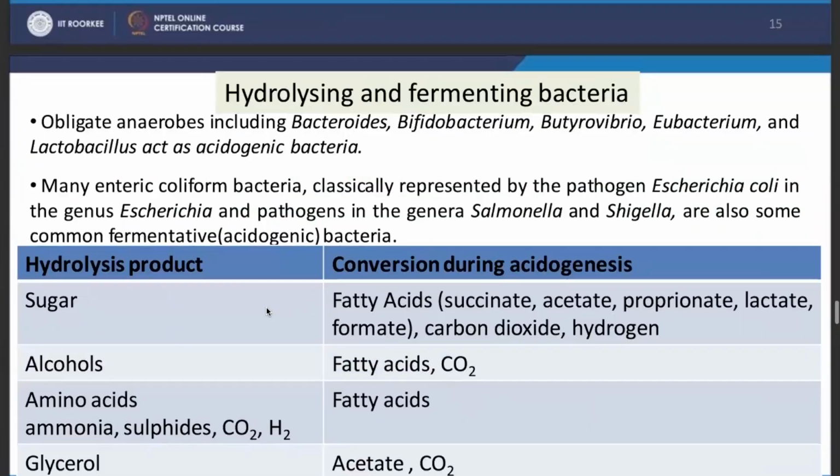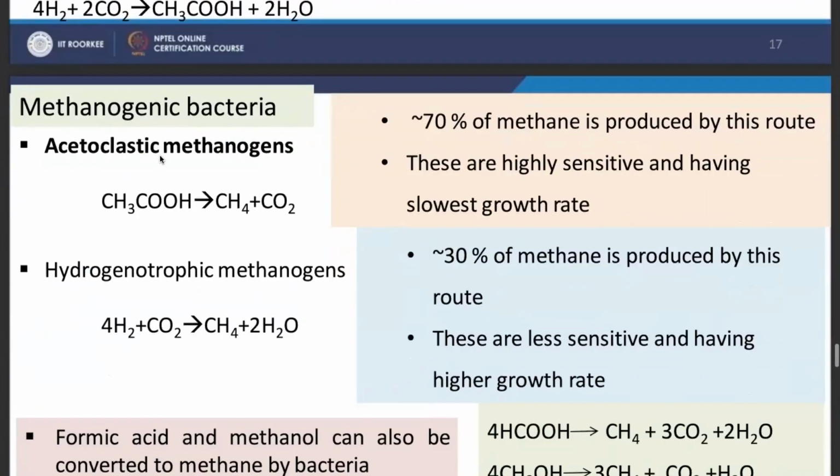So for methane producing, acetoclastic methanogens will convert acetic acid into methane and CO2. For hydrogenotrophic methanogens, we will get methane by using H2 and CO2, not the acetic acid. And if you remember, acetoclastic methanogens were more than 50% efficient in converting acetic acid into biogas, while hydrogenotrophic were only 20 to 24% effective in converting hydrogen to methane, right?